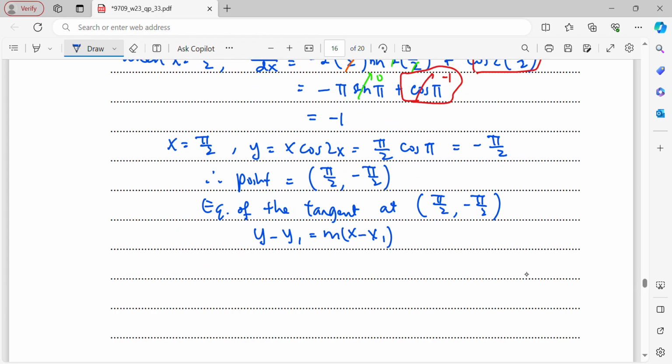So this is going to be y minus negative half pi, and m is minus 1, because we already found the dy/dx, then x minus half pi. Then I will get y plus half pi equals minus x plus half pi. Since you get both half pi, the half pi will be cancelled off. So at last your y is minus x. This is the equation of the tangent.